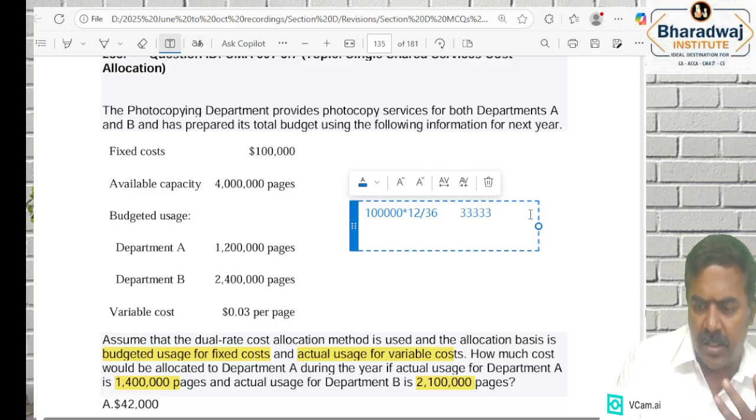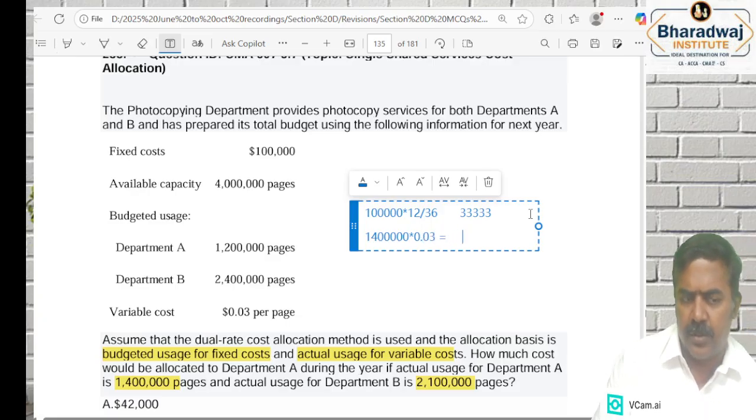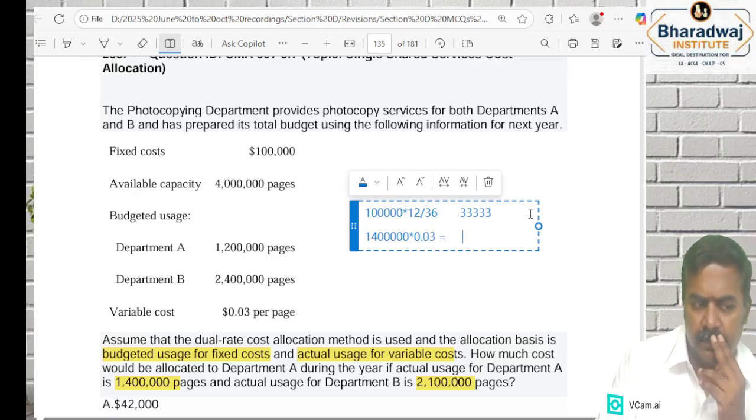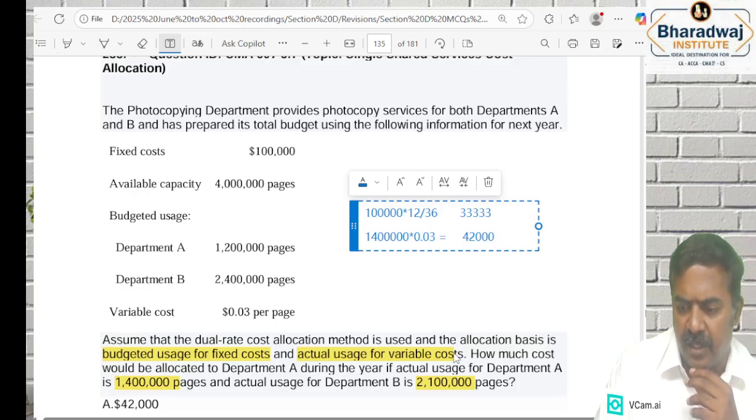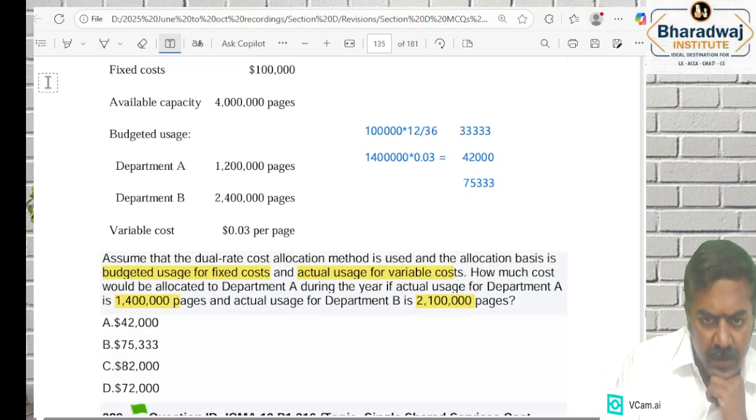For variable cost, based on actual usage: 1.4 million pages into 0.03. How much do you get? 42,000. Actual usage is given for variable cost. Okay, so the total will be 75,333. Answer is B.